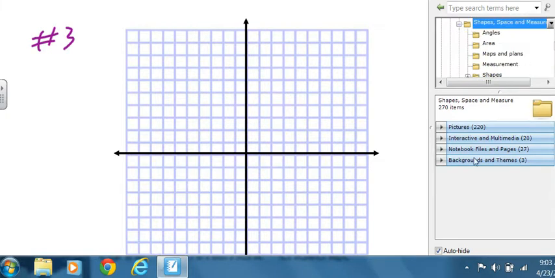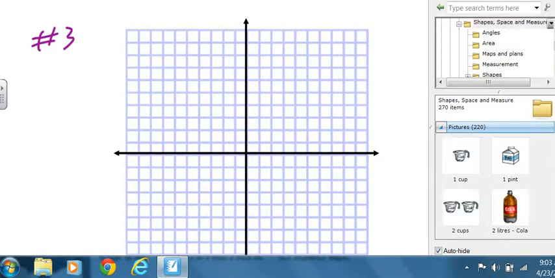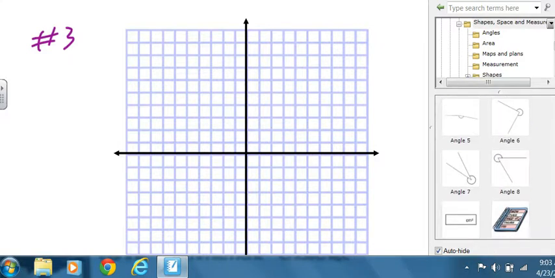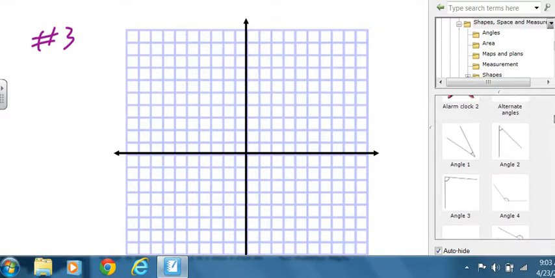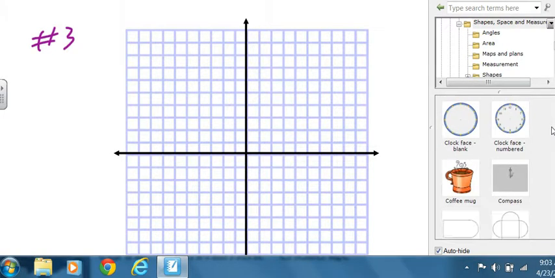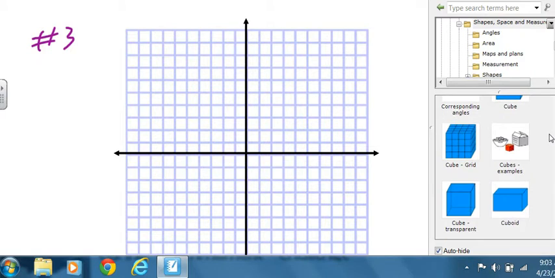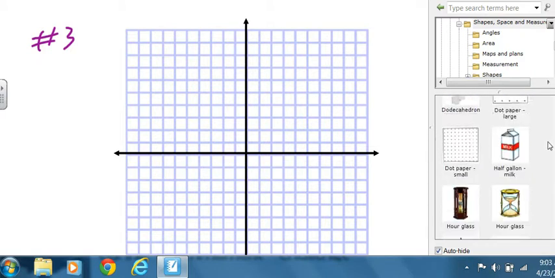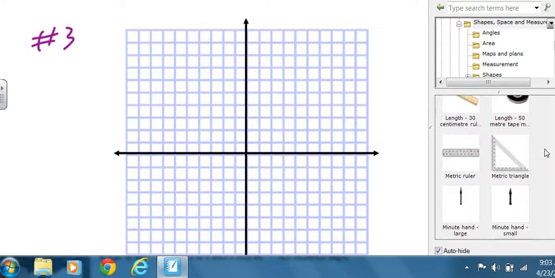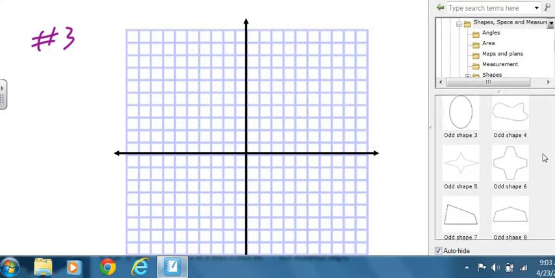Where is our protractor? Oh, getting close. Maybe.